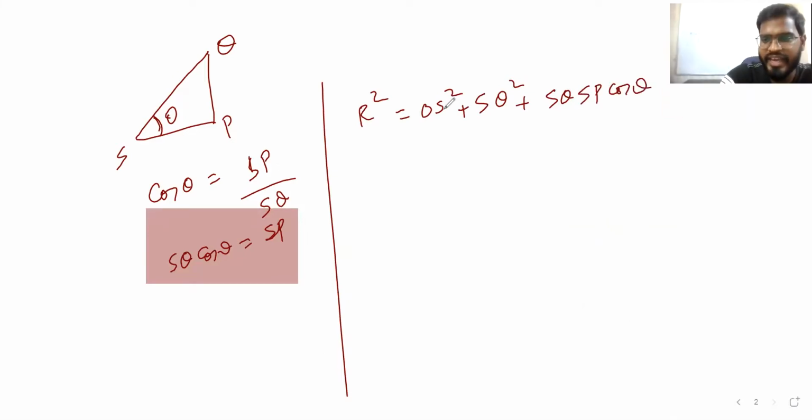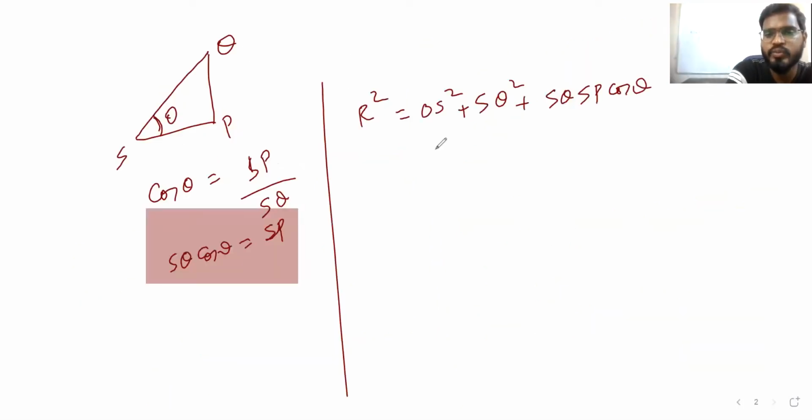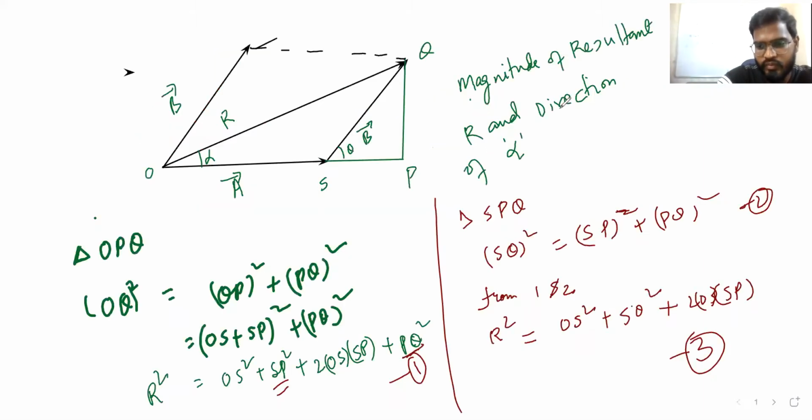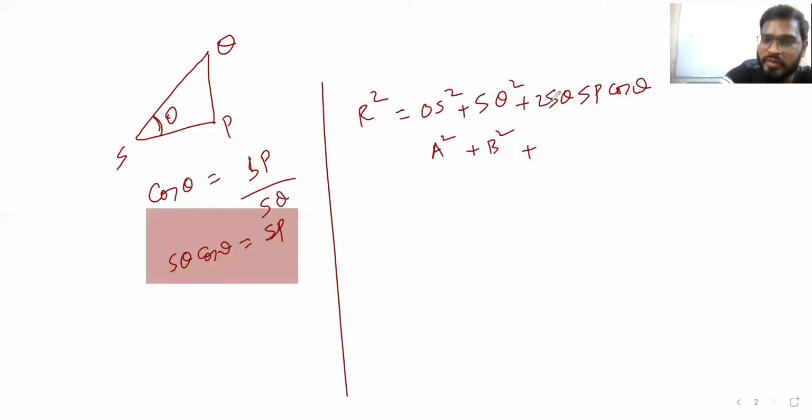Now OS is A and SQ is B. So we can say A square plus B square plus, something is missing here. Think. It is twice, no: 2AB cos theta.